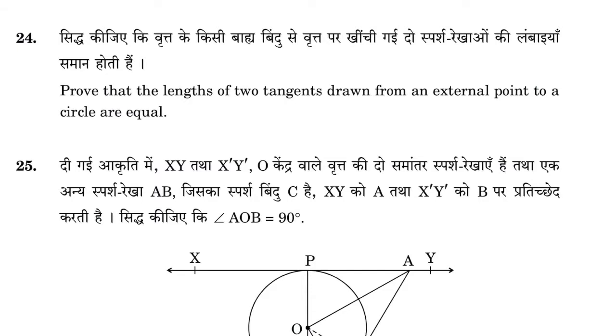24th question. In this question, we have to prove that the lengths of the tangents drawn from an external point to a circle are equal. So let's see, this is the circle with center O, and this be the external point, and these are the two tangents drawn.